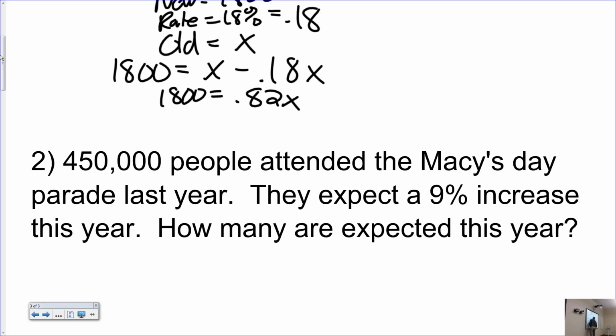Remember that we don't write it, but there's a 1 there, minus 0.18. Again, decimal points, be careful with them. And so last but not least, what do I do to figure out what X is? Divide by the 0.82. And this is how you get a bigger number, folks. You divide by a number that's less than 1, and your number will go higher instead of lower.